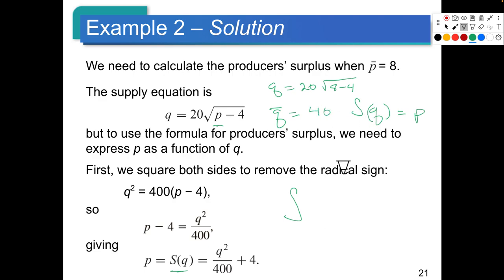Now you could probably do the same thing here: when P equals 8, Q has to equal 40 for this all to work.